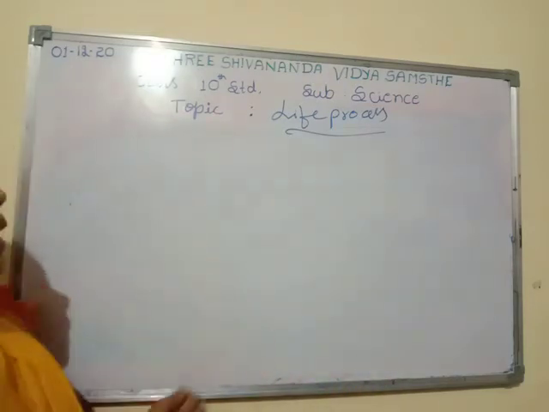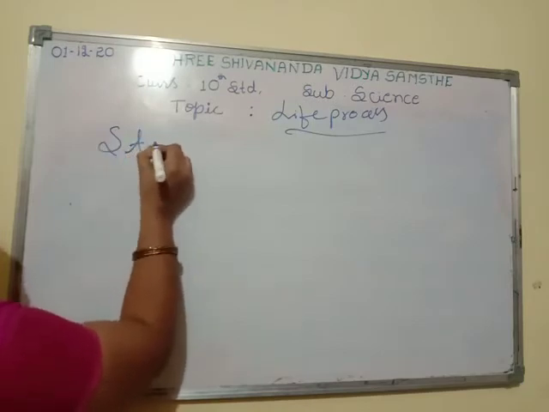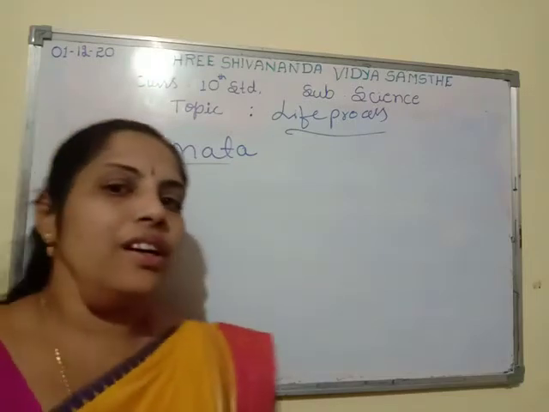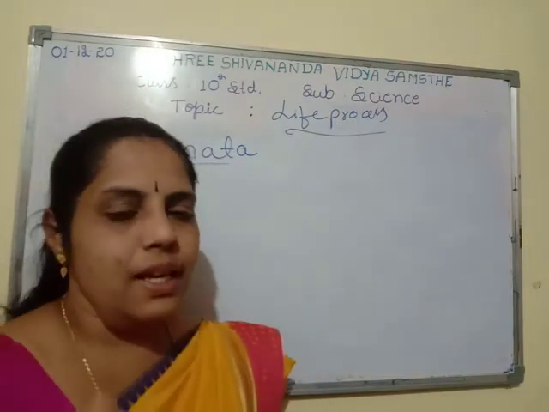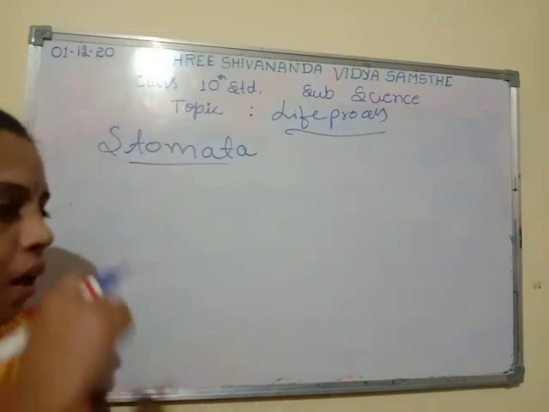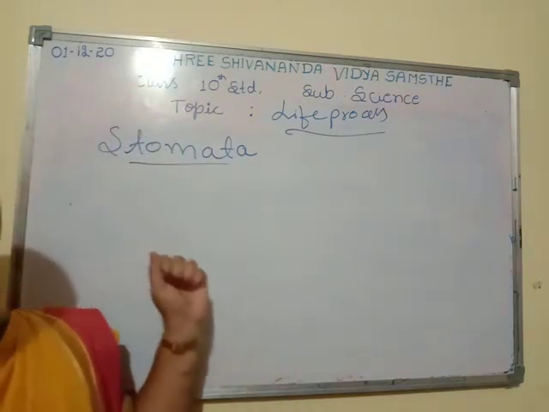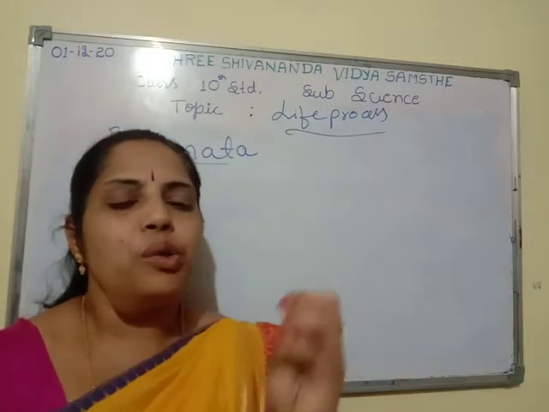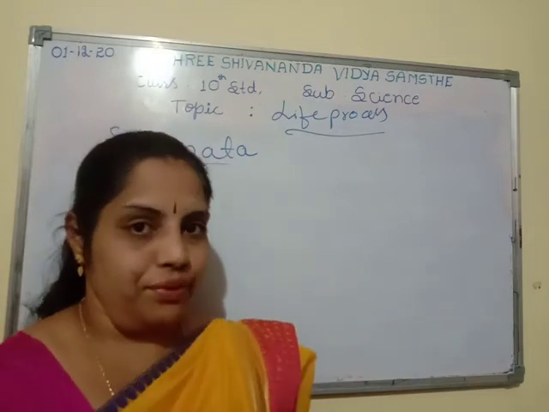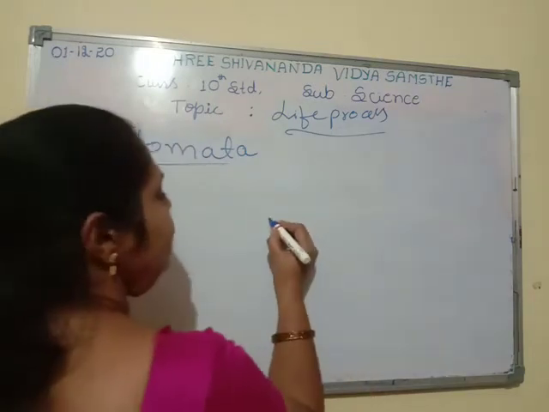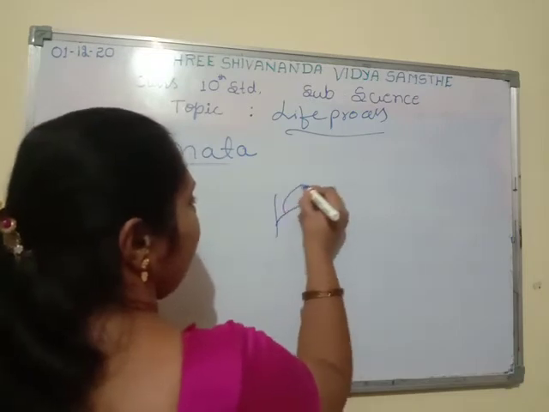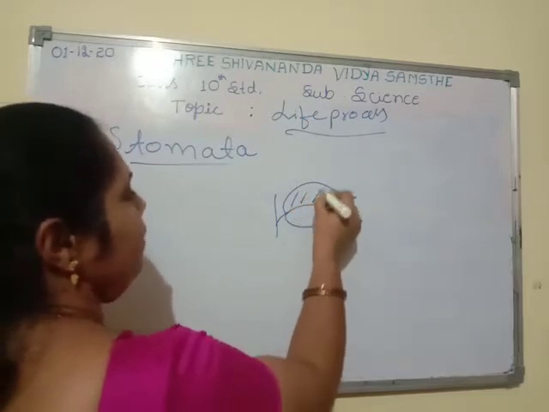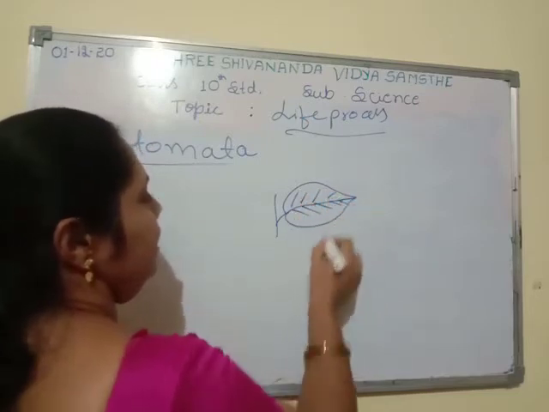Now we are going to study about the stomata. Did you hear about this stomata? Yes, in our previous classes you already heard about stomata. The stomata is a kind of minute pore which is present in the leaf. If you take a thin section of a leaf like this, this is the structure of the leaf where photosynthesis takes place.